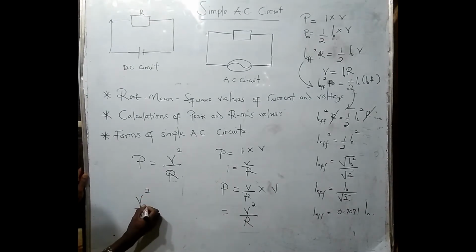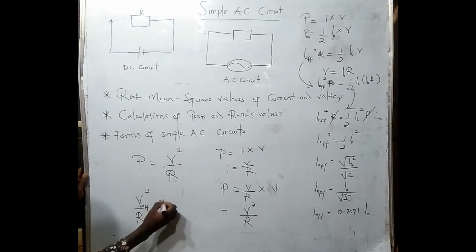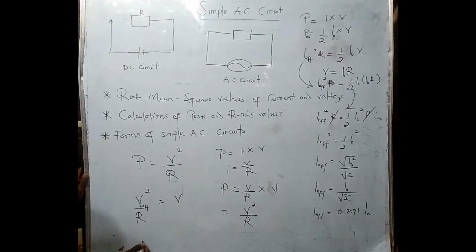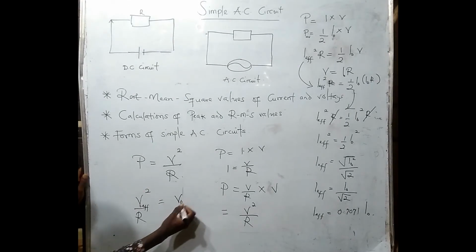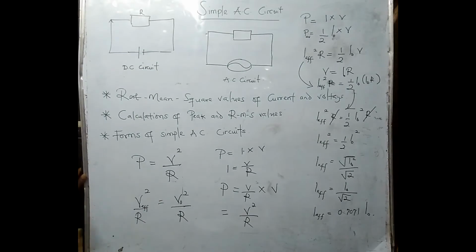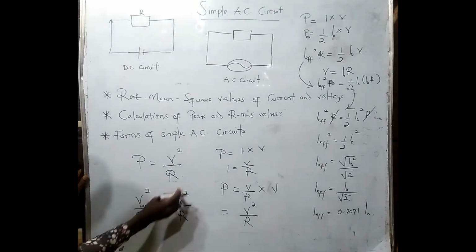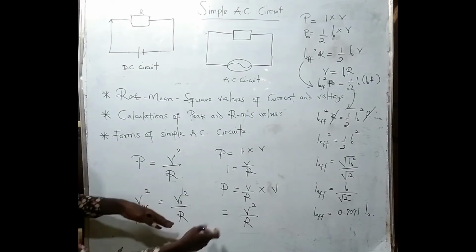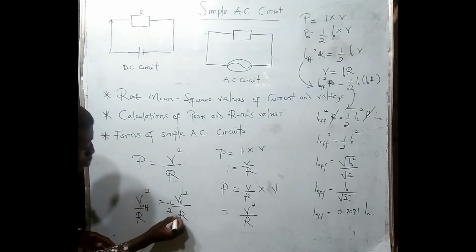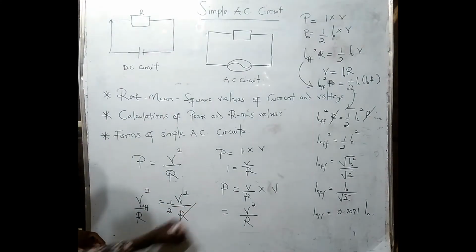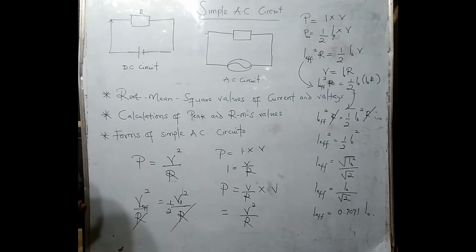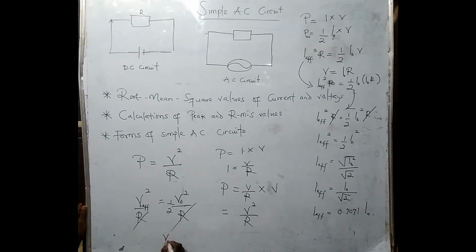But in this case, this will be the effective value. Then we are equating it to the peak value square all over R. Since what we want to consider is the average power, there will be a need for 1 over 2. And this way, what we will cancel out is still our resistance, so that we will be left with V, the effective voltage square, is equals to V naught square all over 2.